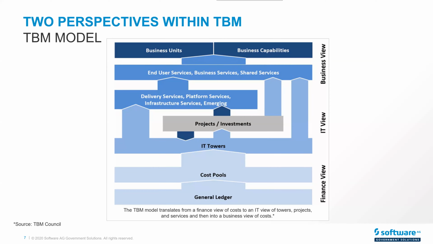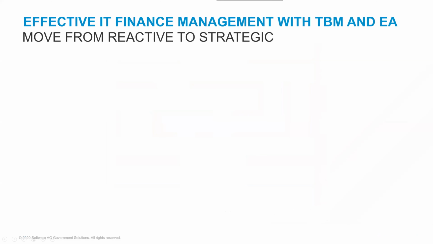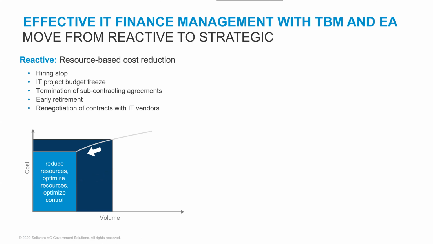And so these perspectives within TBM need to be accounted for within tool sets that help you manage better on your finances. In essence, some of the things that we need to change is the move from reactive to strategic.